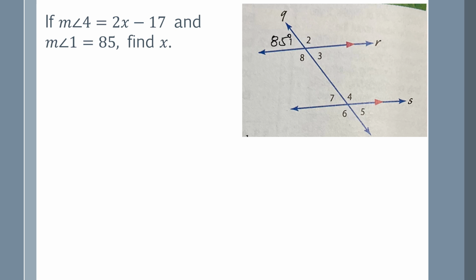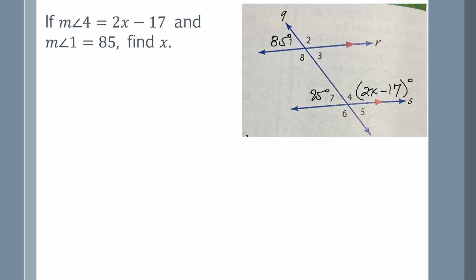Angle 4 is equal to 2x minus 17 degrees. Well, I know that if angle 1 is 85, angle 7 is 85. And the relationship between angle 7 and angle 4 is that they're supplementary, they're a linear pair.